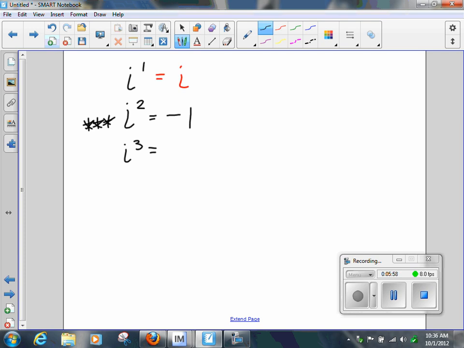But then I thought, why do I have to know the pattern? I don't have to know the pattern of those first four, because i cubed is just i squared times i to the first, is it not? What is i squared, y'all? -1. What's i to the first? i. What's -1 times i? -i. Oh, yeah, there it is. So I really only have to remember i squared.